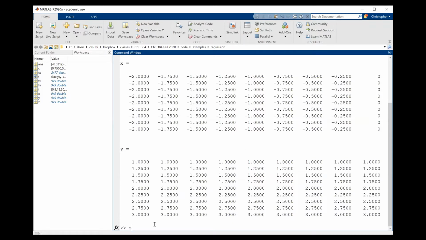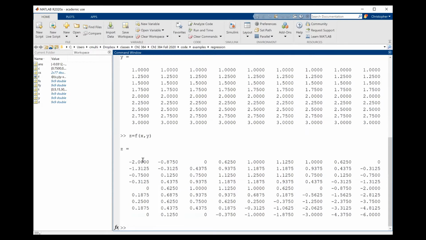Now I can plug these values into my function. So maybe say z equals f of x comma y. And when I do this, I get a matrix showing all of my z's at the appropriate x and y points. Now I can take my gradient.